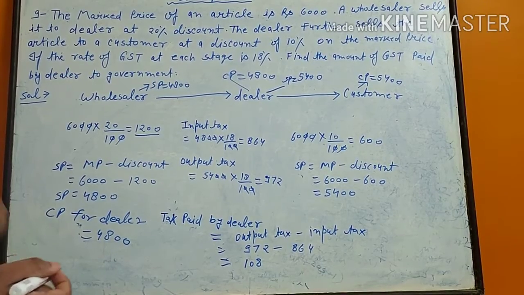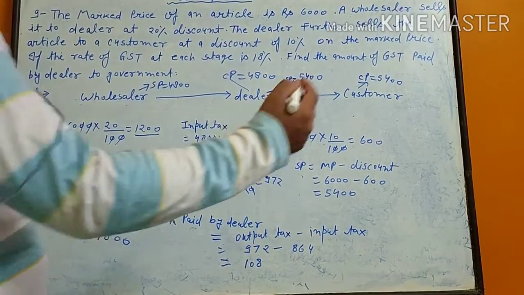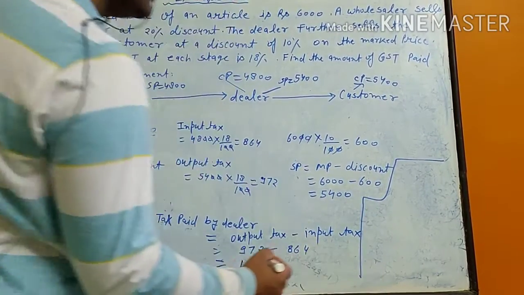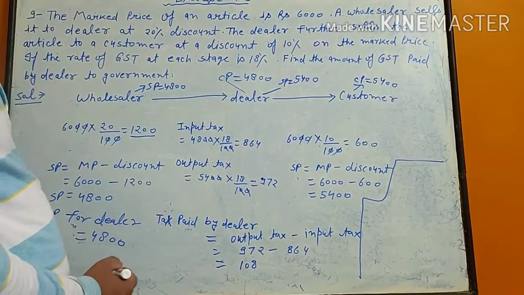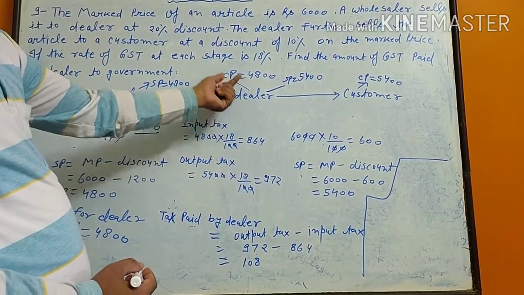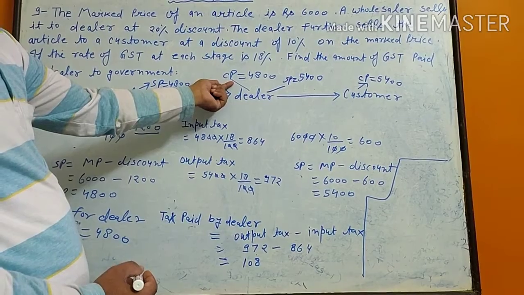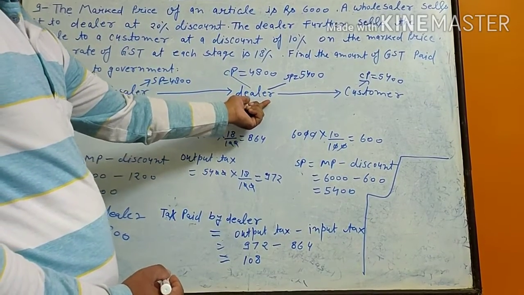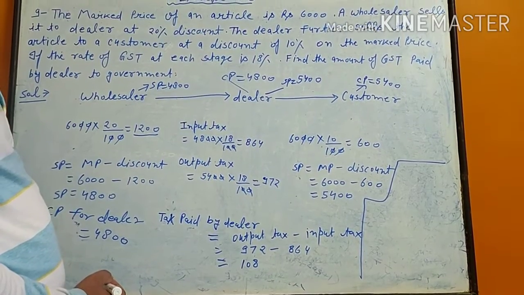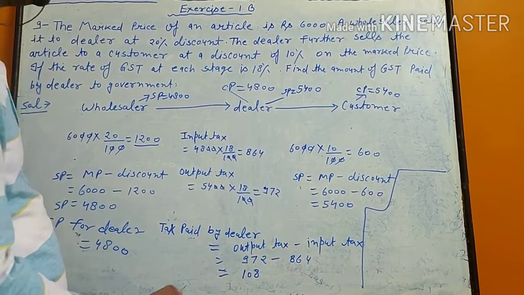The second method is you can also find it by using the profit. First you have to find the profit. The dealer purchased at 4,800 rupees and he sells his product at 5,400 rupees. So you can find the profit for the dealer.